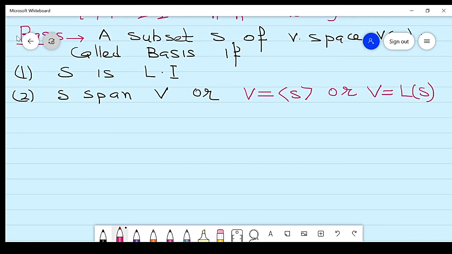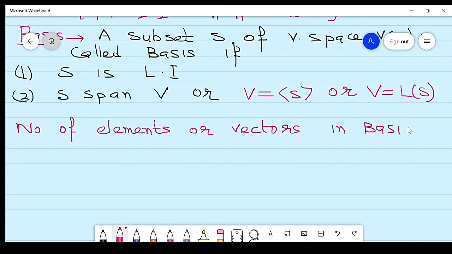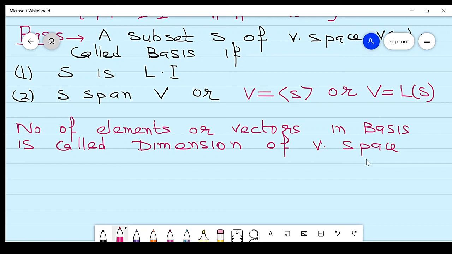Now, the number of elements or vectors in a basis is called the dimension of the vector space.